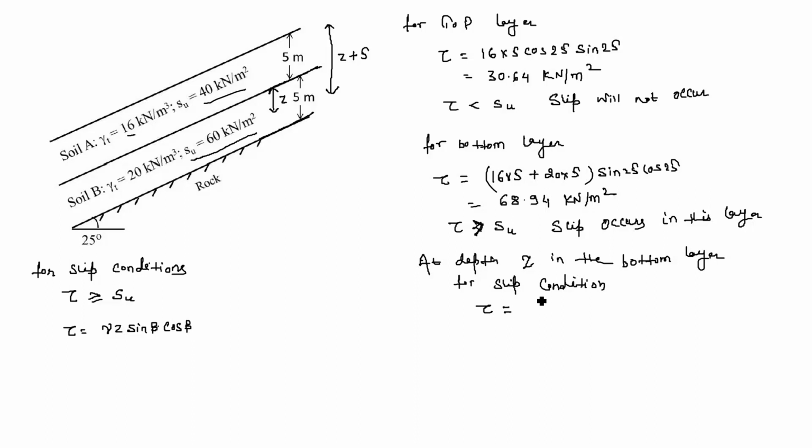For the slip condition, the shear stress becomes equal to the shear strength, and we know the shear stress at any depth can be found by the overburden pressure at that point. So overburden pressure is 16 into 5 plus 20 into Z, into sin beta into cos beta, where beta is the 25 degree slope angle, equal to the shear strength, which is 60.